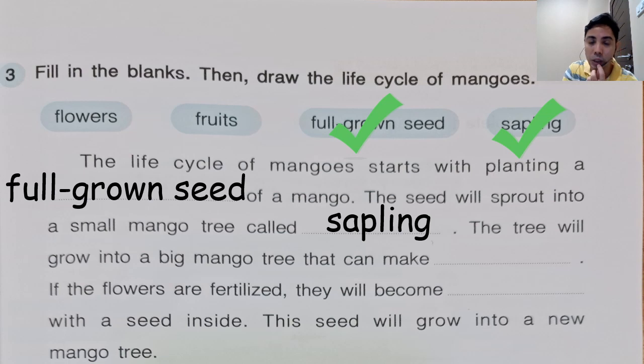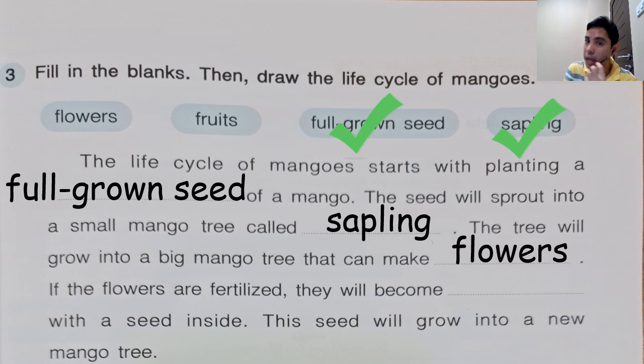Okay, now let's continue. The tree will grow into a big mango tree that can make a flower. So these flowers, when they are fertilized, meaning it will make another new plant.